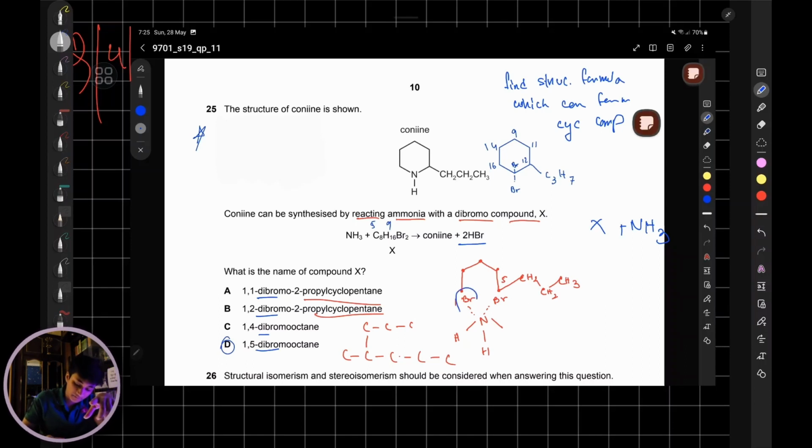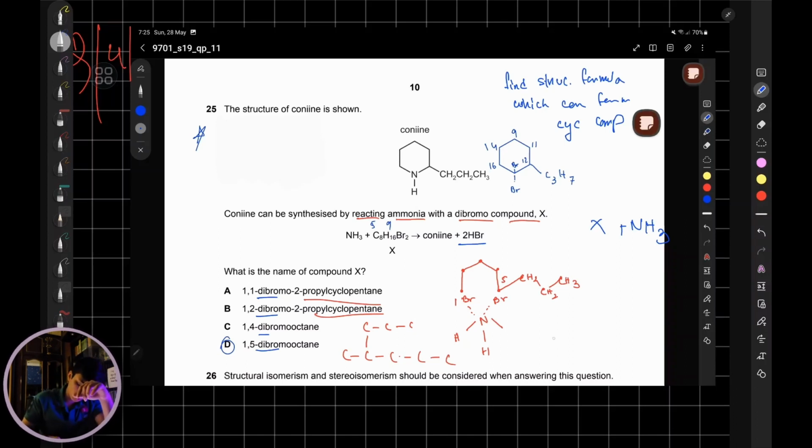In that case, your H is going to react with the Br atom over here, and it's going to form a bond. This H is going to form a bond with this Br atom as well. And in doing so, this nitrogen is now going to form a bond with the 1st and 5th carbon atoms, and it's going to join both of these together, being the 6th member of the cyclic compound.